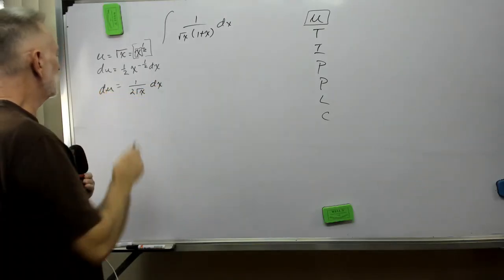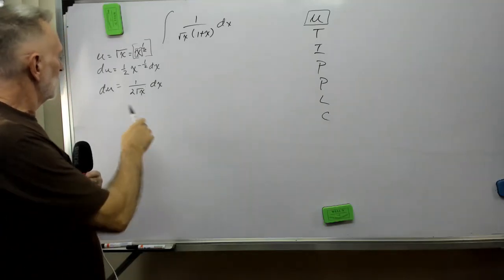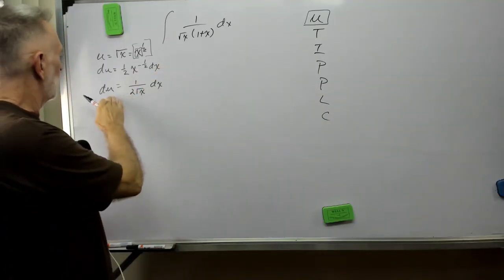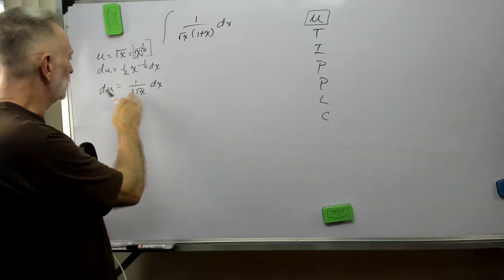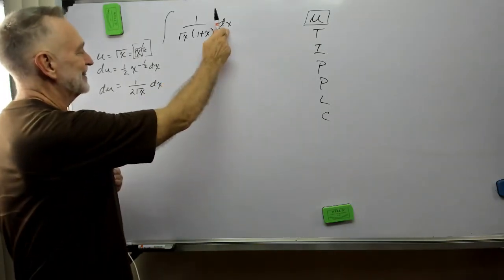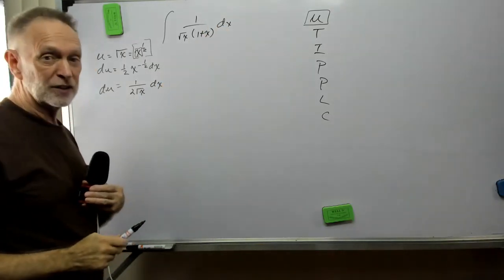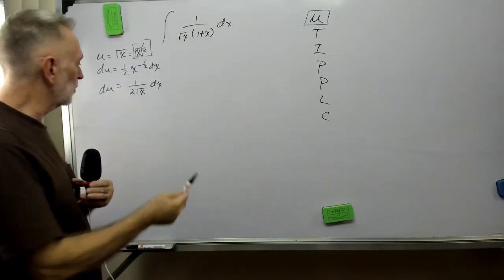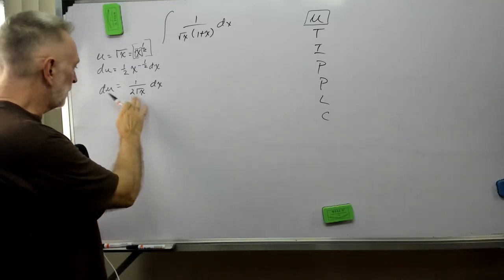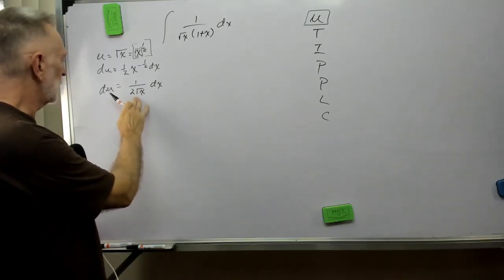So that's du. Well, I don't want to know what du is. I want to know what dx is because I need to replace it. I need to go into the u world. So I'm going to multiply both sides by 2 square root x.